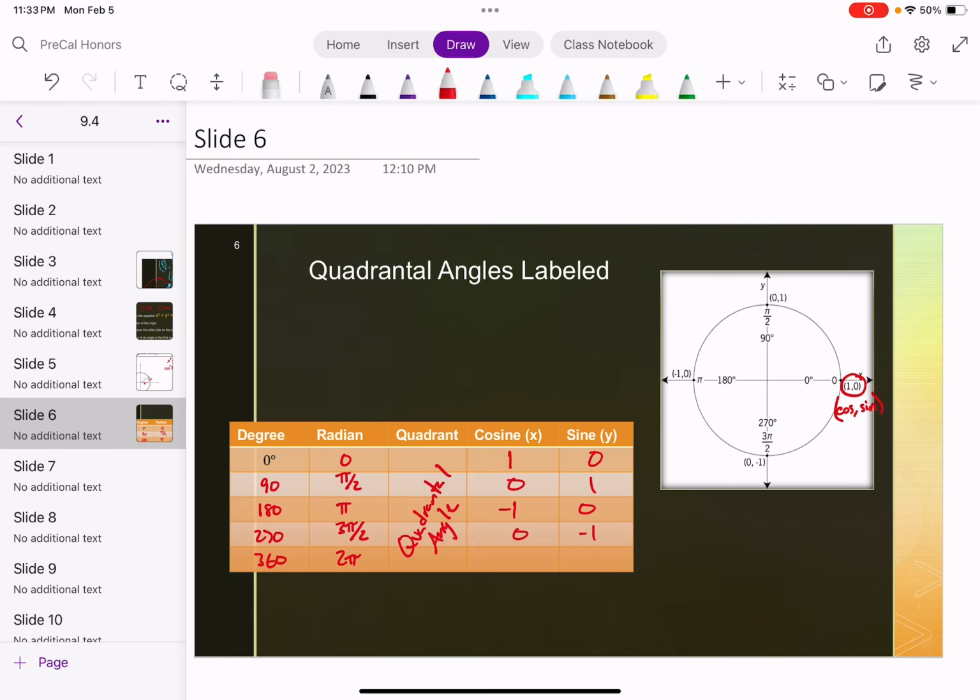And when we come back to 360, keep in mind, this is the same location as our 0, which would be 1, 0. Notice all we're doing is using the location of our points to find our sine and cosine.